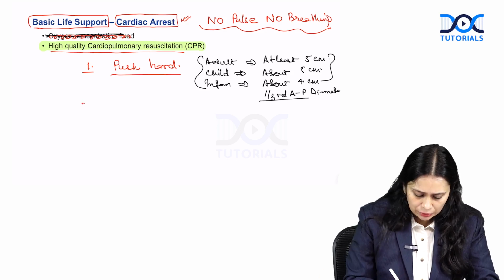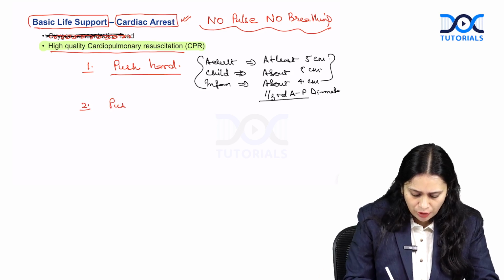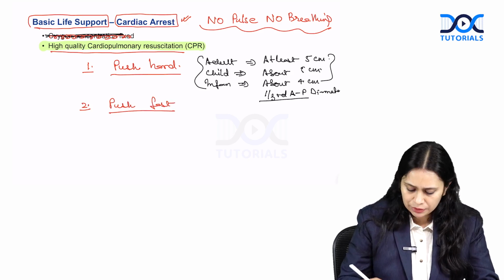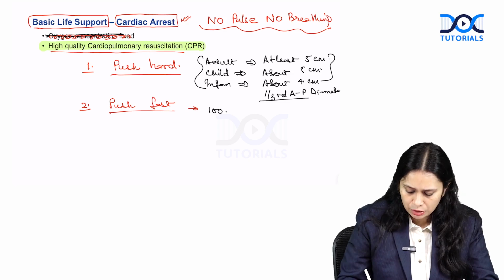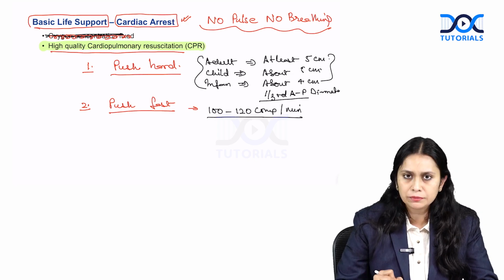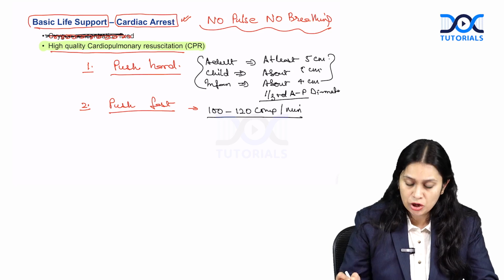The second thing is we need to push fast. How fast? The speed of chest compression should be 100 to 120 compressions per minute. Now this is a universal compression rate. It would never change in any age group.